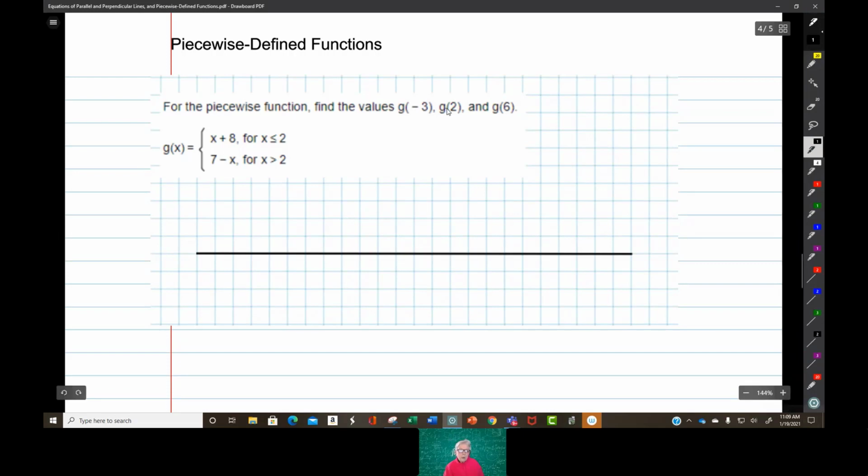This is what a piecewise-defined function is. You have a line like x plus 8, going like that, and then it stops. In fact, this line, let me remember to use my lines.